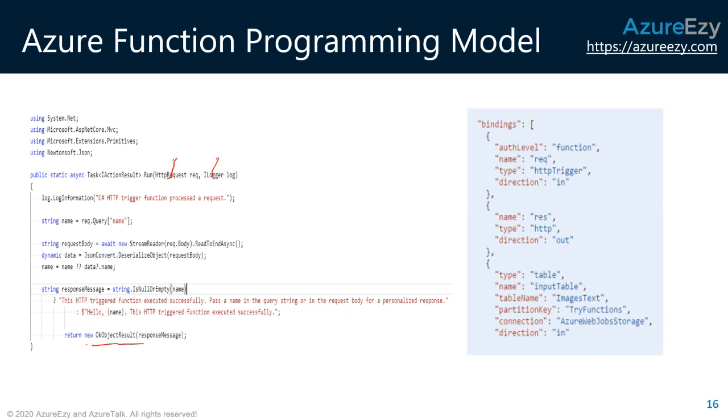Whenever you want to use longer running tasks or batch processing, where it takes more than 10 minutes or 5 minutes, you go ahead with durable orchestration or durable function.